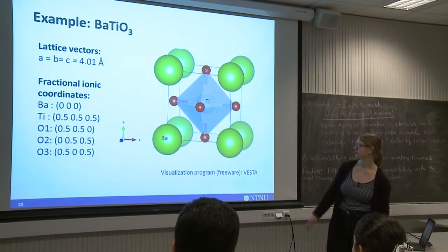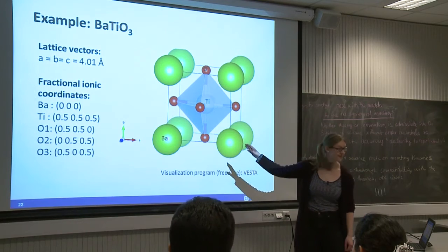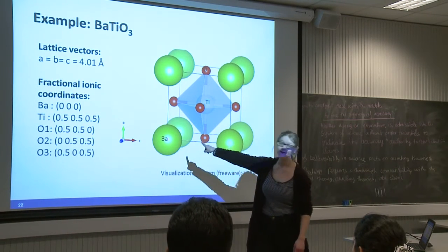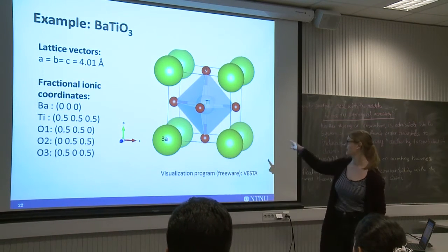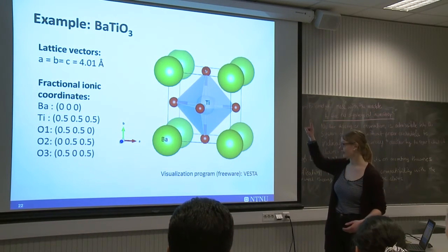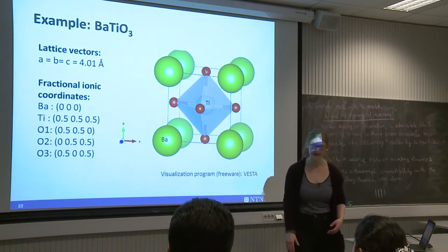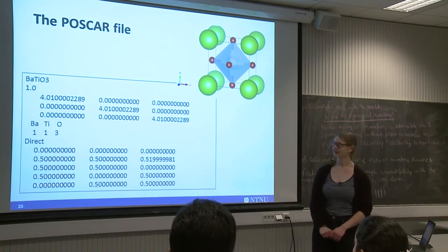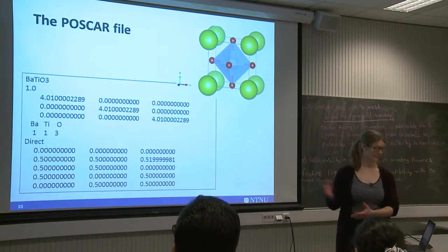There are not 8 barium atoms that need to be defined. You define the 1 barium, right? And then the other ones are just mapped out by the periodicity. So this is what you define. And that means that you can create your POSCAR file. That would look something like this.